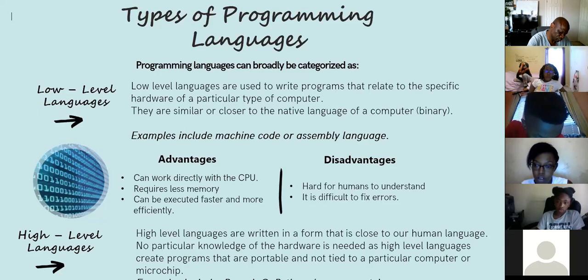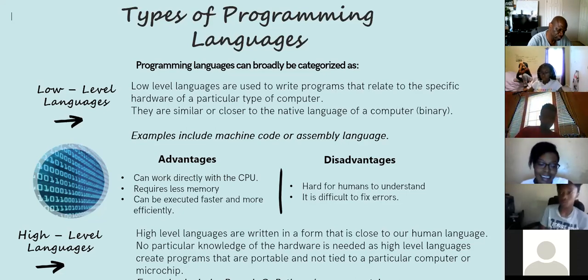The advantage is that it will be very fast because the computer will be getting it so fast and working so fast, and it will be very efficient. But a disadvantage is that you, the person writing the code, don't understand it. So even when there's a mistake, it will take you so long to find where the mistake was. Something else about these languages is that they are specific to each form of hardware.